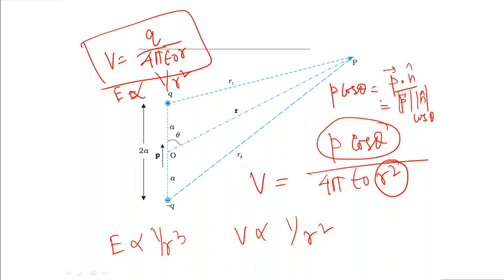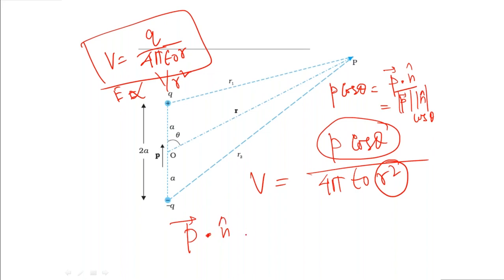If I write p vector dot n cap, that means a dot b. A dot b means modulus of a into modulus of b and the cos of the angle between them. Suppose the angle between them is theta.